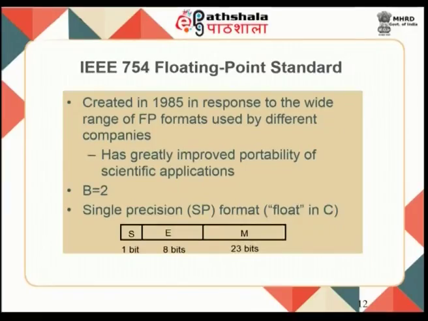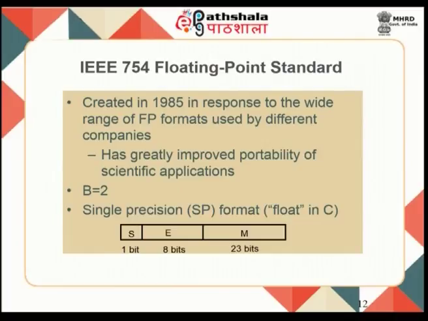But there are different ways of representing all this information, and if each one is going to represent it in a different form, you will not have any portability across different machines. So, there is a standard representation for floating point numbers, which is given by the IEEE 754 standard. This obviously improves the portability of scientific applications.